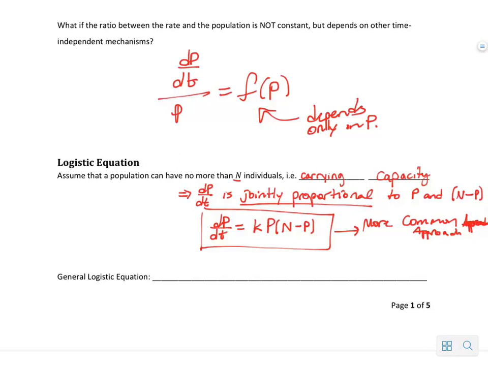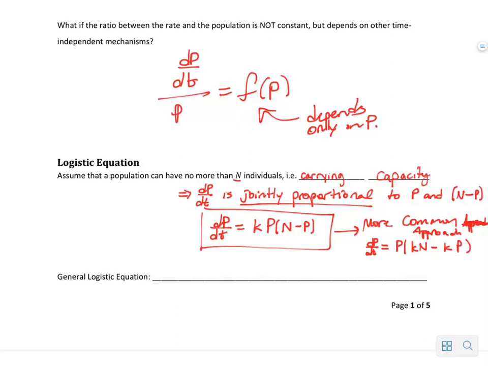The approach is to look at it this way. Distribute the k inside, so you have dP/dt equals P times (a kN minus a kP).